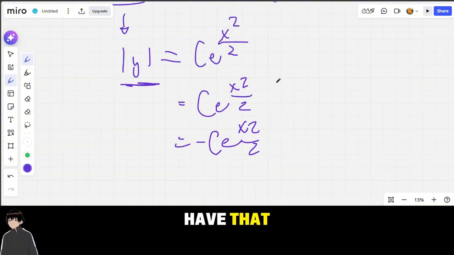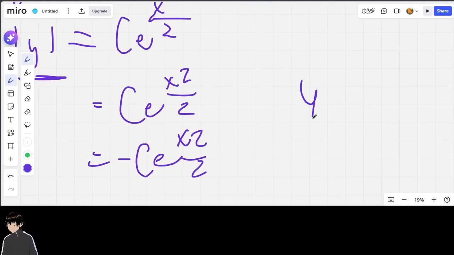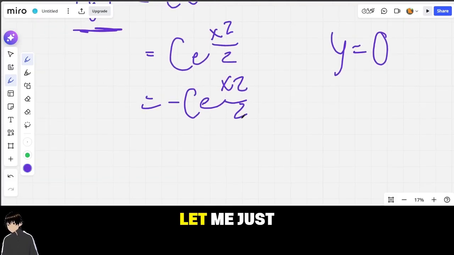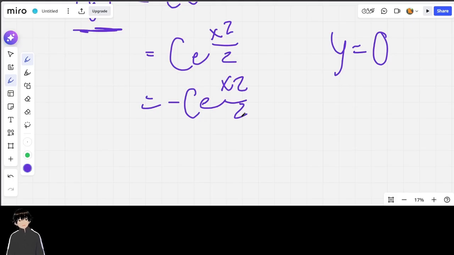And now that we have that, let's suppose that y is equal to 0. Okay, let's suppose that it is equal to 0. Let me just check my notes. Let's check.